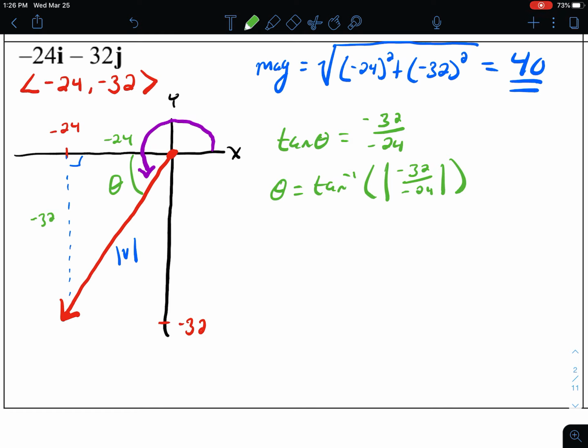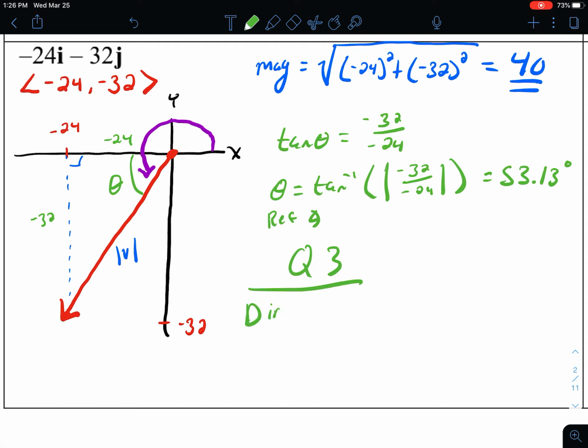And I would get my reference angle. So inverse tan, 32 over 24, and we got 53.13 again. So that's my reference angle.